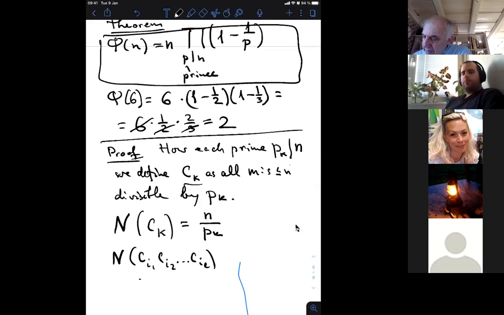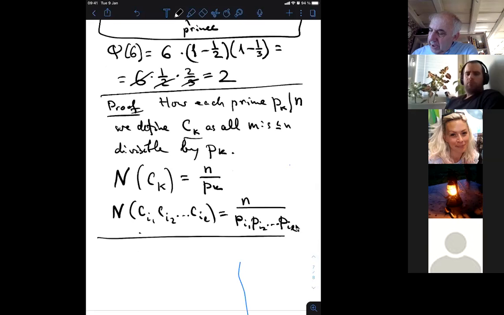But since those are primes, this would be equivalent to how many numbers are divisible by their product, and this would be, of course, n divided by the product of those primes. Okay, now we can go back. So what is phi of n?